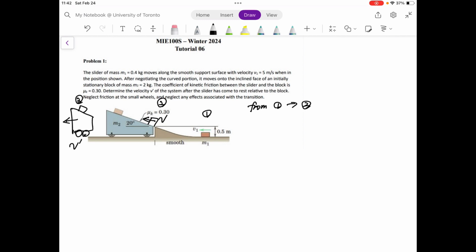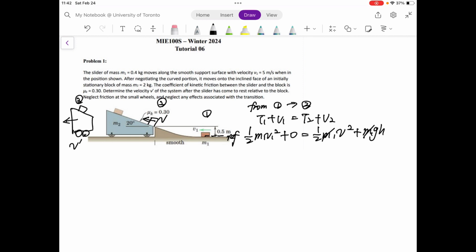because there's no friction, we can say the energy is conserved. So T1 plus V1 is equal to T2 plus V2. T1 is equal to 1 over 2 m1 v1 squared. And V1, we set this as our reference, so V1 is equal to 0. T2 is equal to 1 over 2 m1 v squared plus m1 g h.